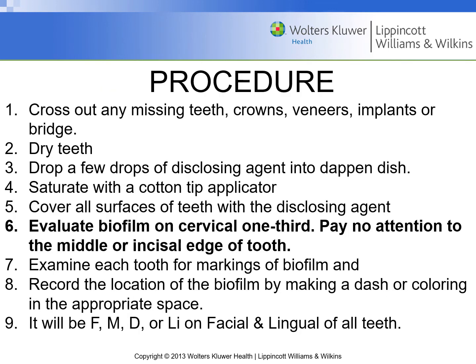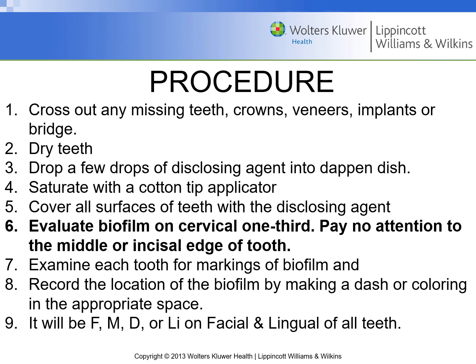So a procedure for this is, first of all, on a sheet that is going to show all of the teeth, you're going to cross out any missing teeth, crowns, veneers, implants, and bridges, because we do not put a plaque liquid on restorations. So we will dry the teeth off. We'll put a few drops of disclosing agent into a dabbing dish.